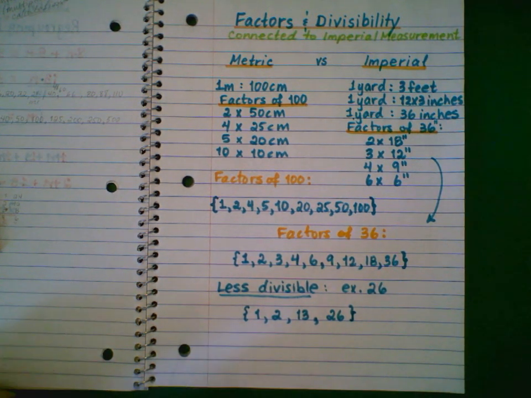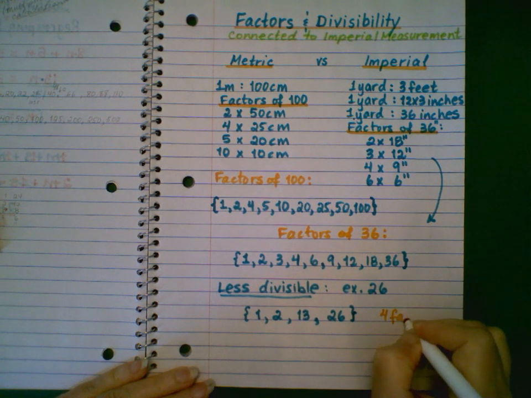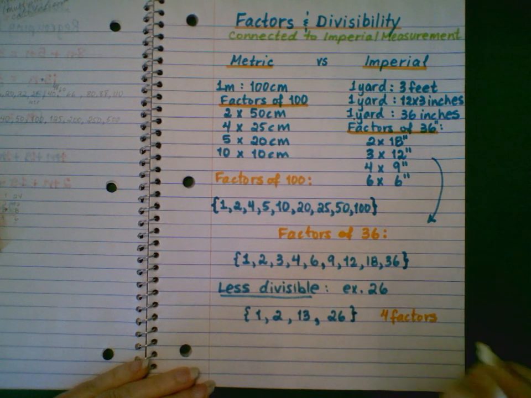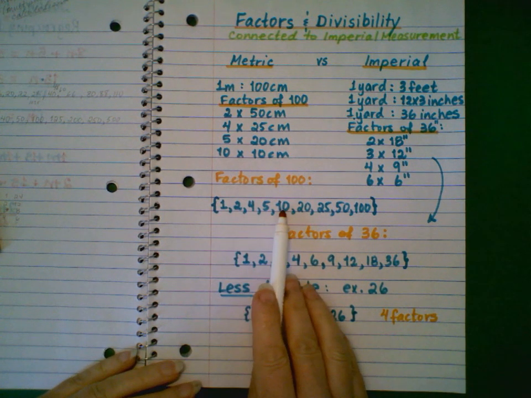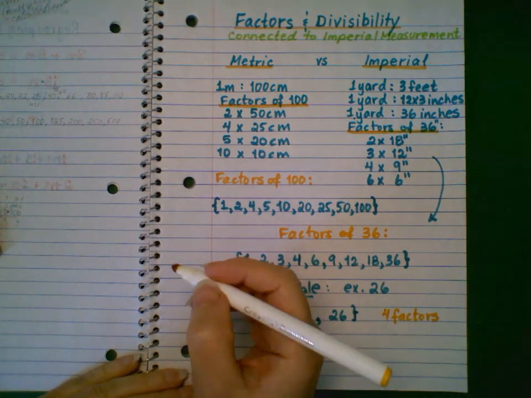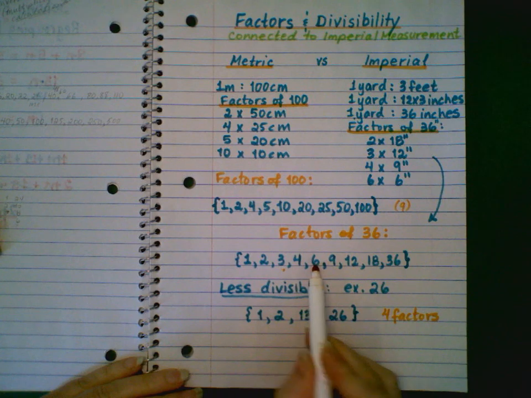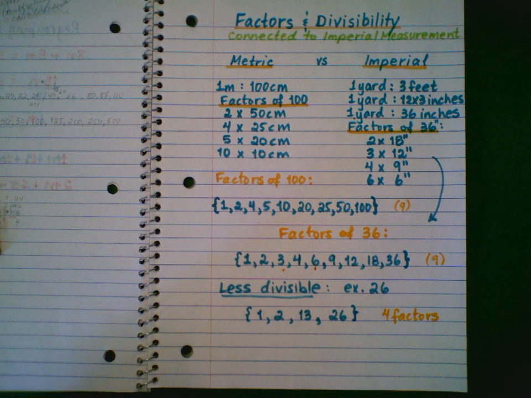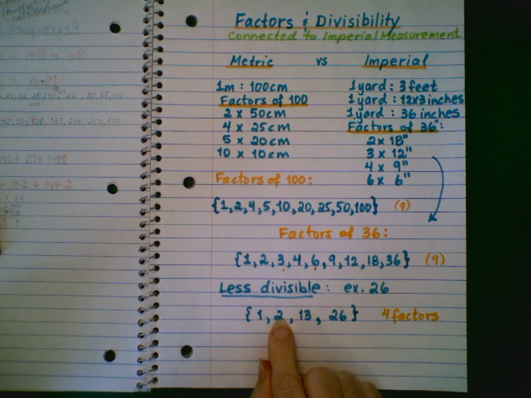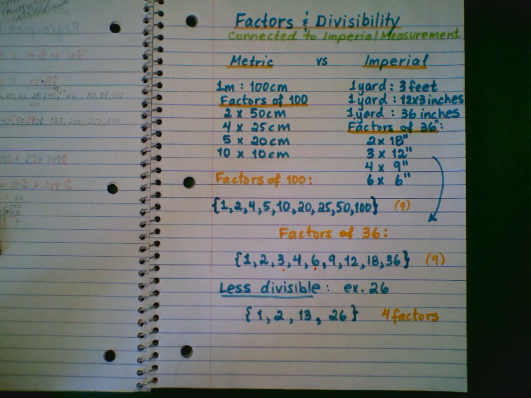So in this case, I would say there are only 4 factors. Whereas for 100 we had 9 factors. We also had 9 factors for 36. Each of the values that can divide into a number and create a whole number result is considered a factor.